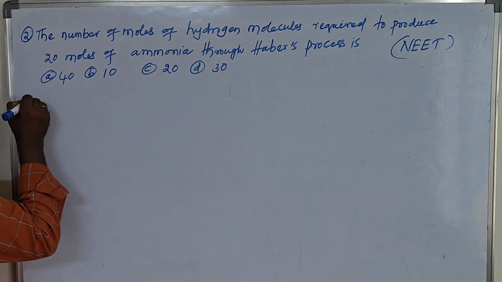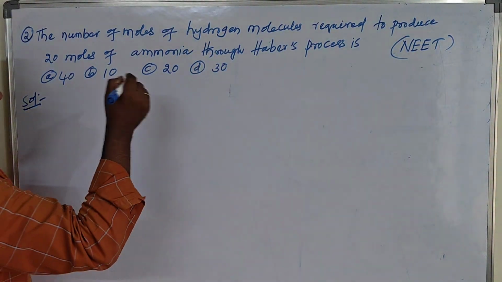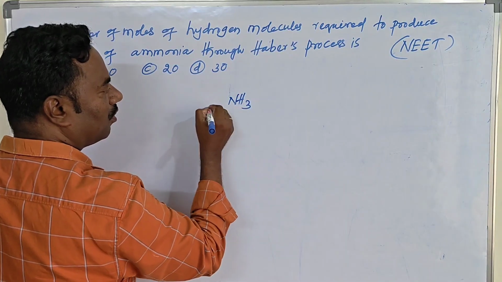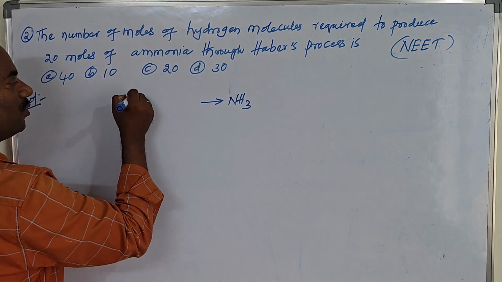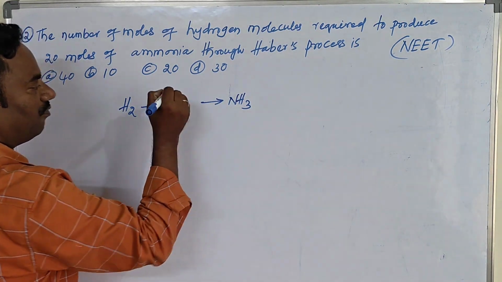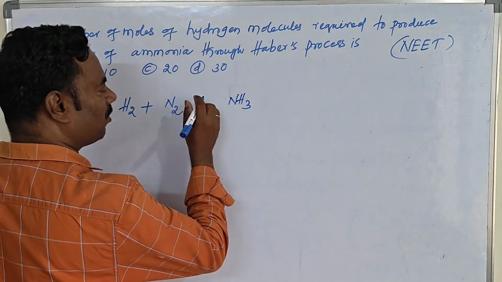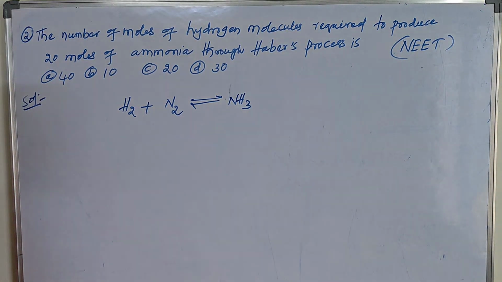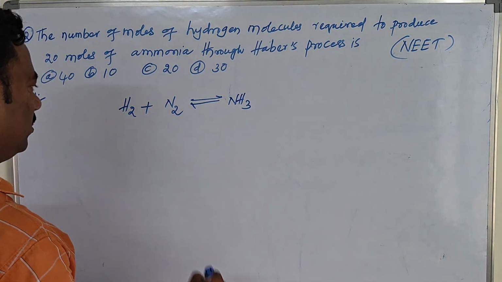We get ammonia when hydrogen reacts with nitrogen. This is Haber's process. It is a reversible reaction. Equilibrium exists between reactants and products.